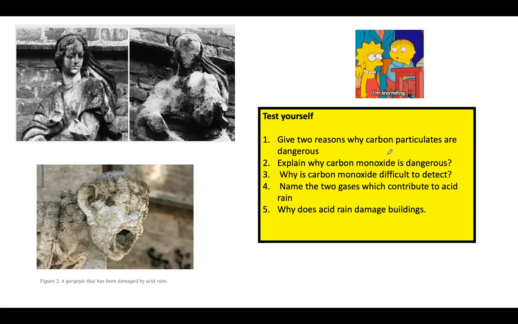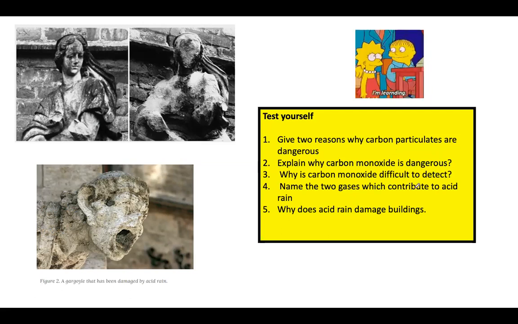Carbon monoxide is dangerous because it binds to hemoglobin instead of oxygen. And this means your cells don't receive enough oxygen, which can lead to cell death, fainting, coma, and death. Carbon monoxide is difficult to detect because it is odorless and colorless.